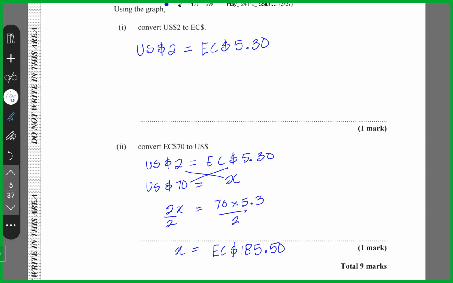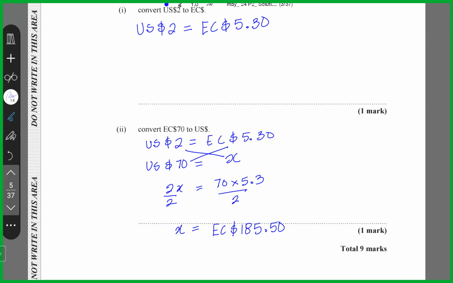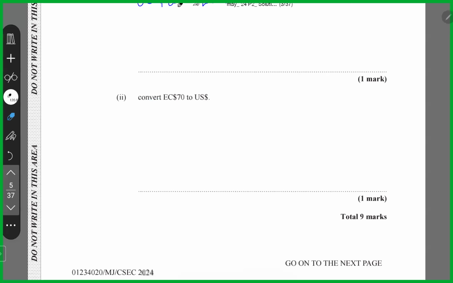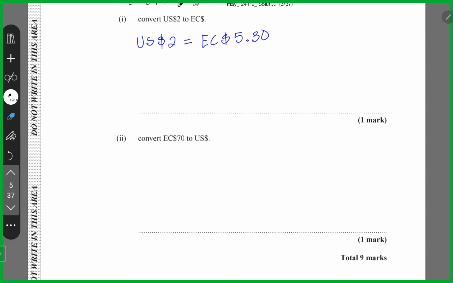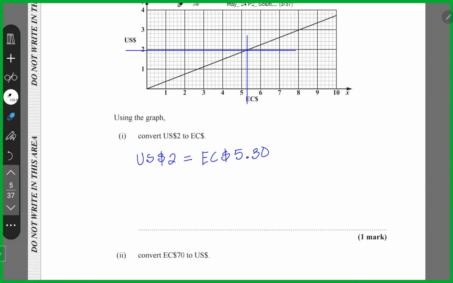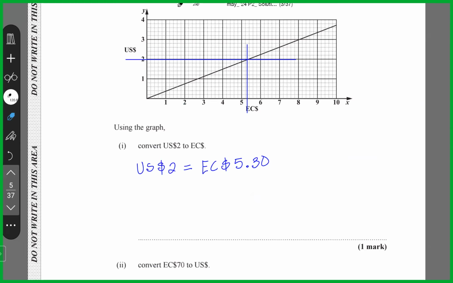No, I think I did this wrong. It should be the other way around. All right, so let me fix that. Here, I'm asked to convert EC $70 to US dollars. So I can't use the graph because EC $70 is not on the graph.